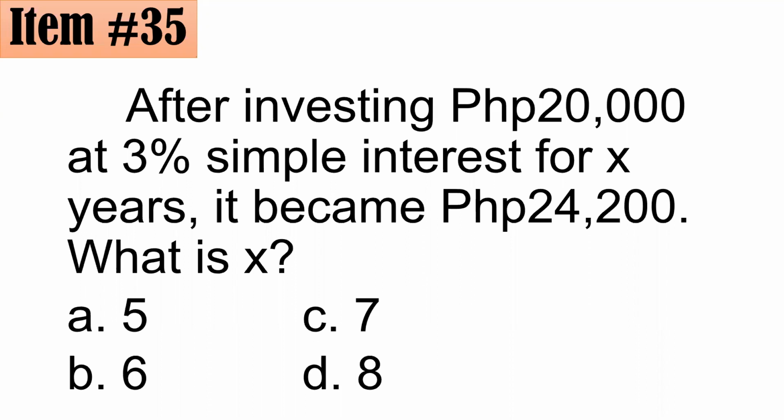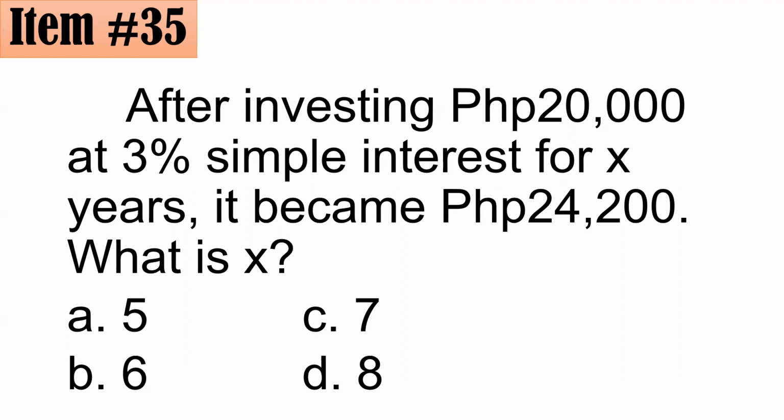So take note po kung inyo pong makikita, kung inyo pong mapapansin, magkano po yung interest based sa problem na to? Ilan po yung ating interest? Okay. Ang tanong ko, paano po ninyo nakuha yung 4,200 na interest?